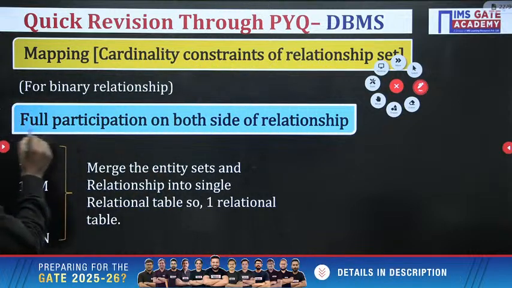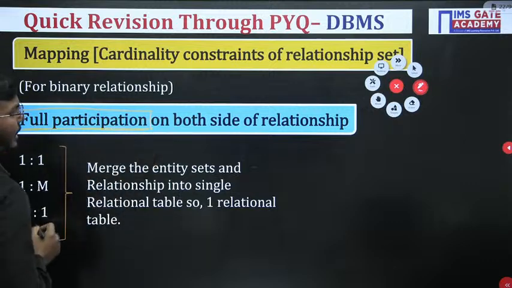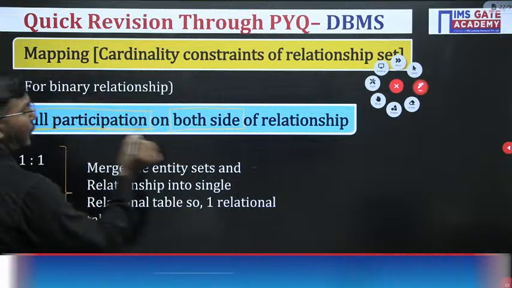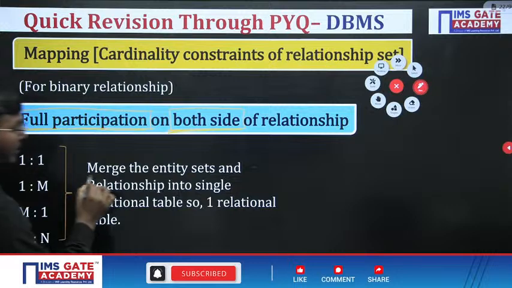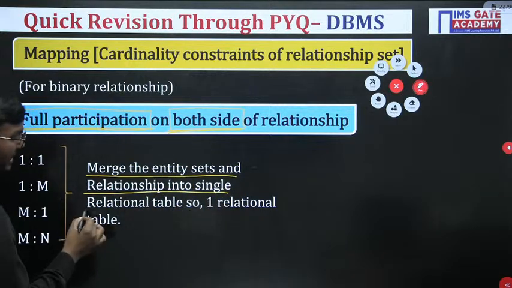In all those cases, total participation must be on both sides. Then merge the entity sets and the relationship set into a single relational table.